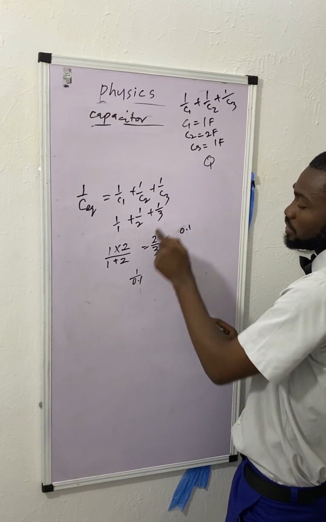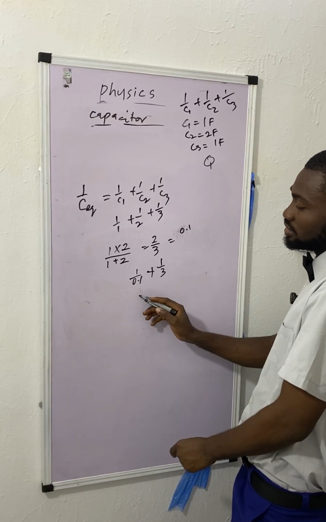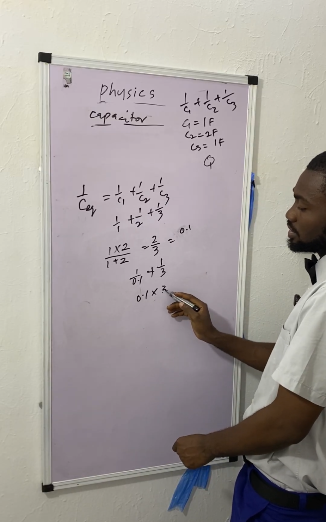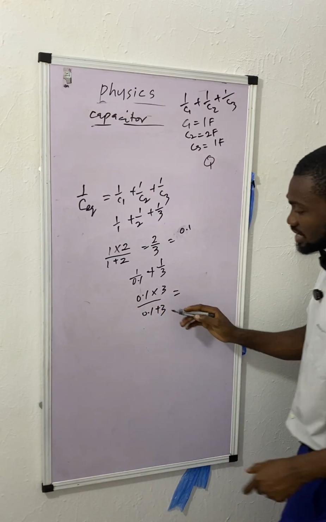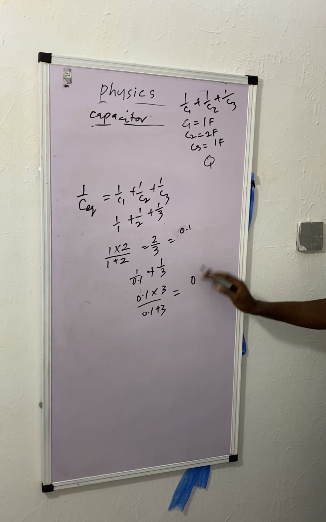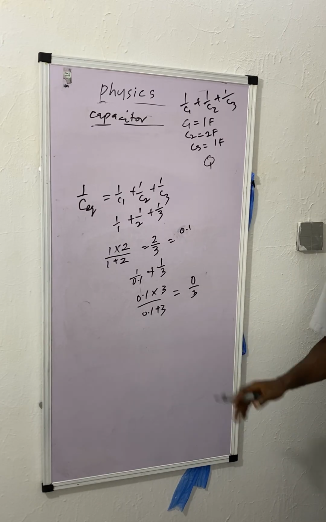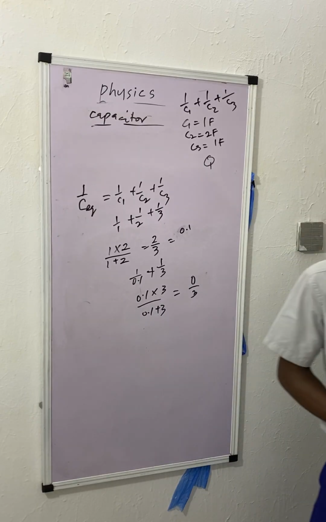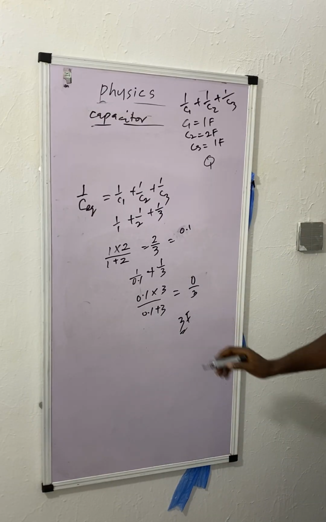We will use it to solve with this final one, this third one, plus 1 over 3. We will do it again: 0.1 times 3 over 0.1 plus 3. This one will now give us our final answer. This will give us 0 point something, that's already 0, so this will give us 3. So what is the answer? The answer is undefined in mathematics, but here we just pick 3 as the answer. So 3 farad.